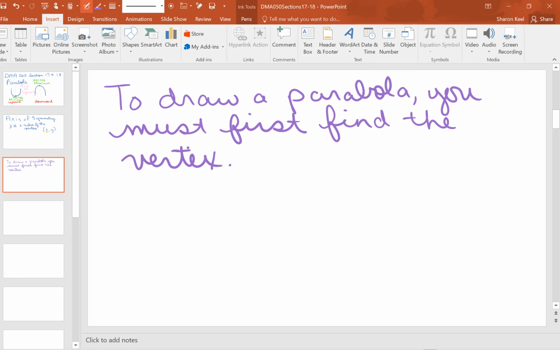Now, how do we go about finding the vertex? We're going to use our calculator and we're going to go to y equals, and at y equals, we're going to type in the equation.